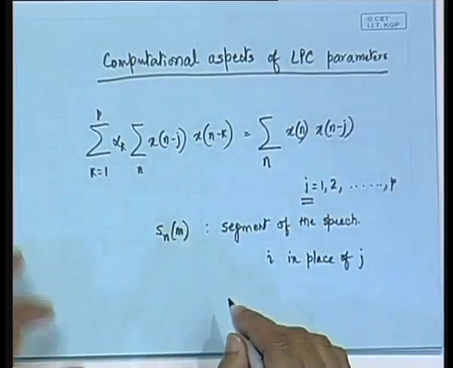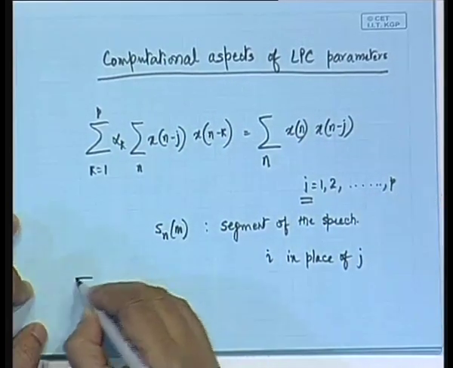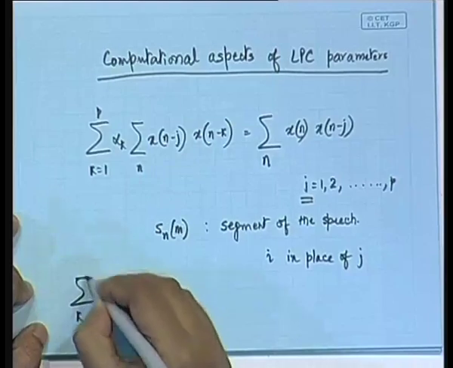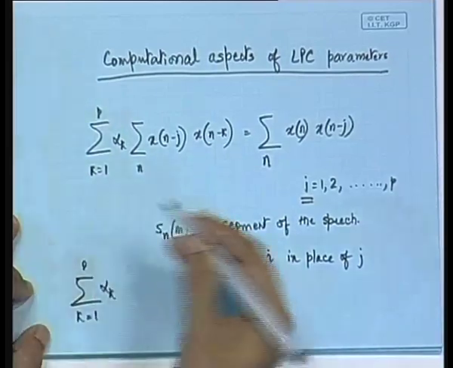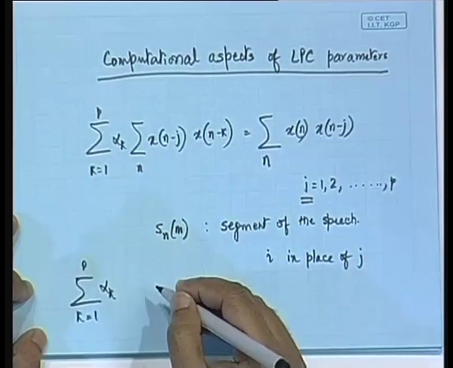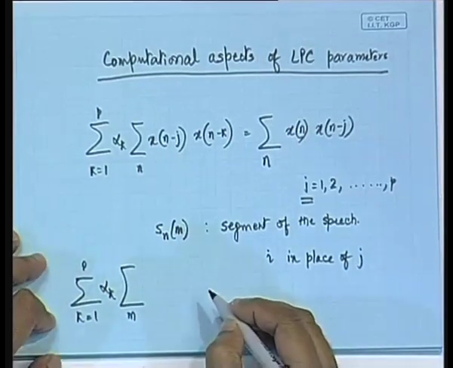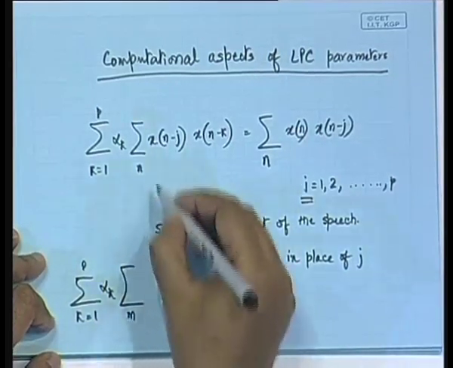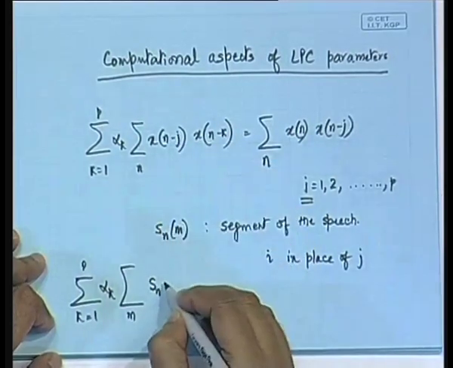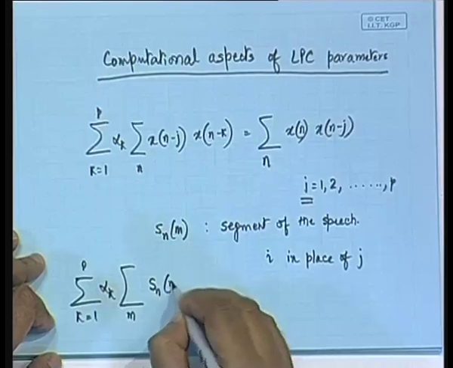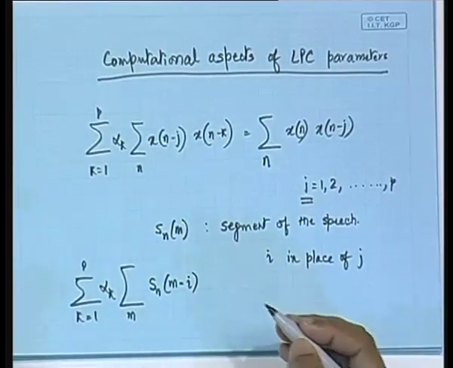With that, the same equation we derived last time could be rewritten as the summation k is equal to 1 to p alpha k. This k we are keeping as the index for the LPC parameters, and this summation should be over m, and then instead of x we write S n, instead of n we write m, and instead of j we write i, so S n m minus i.